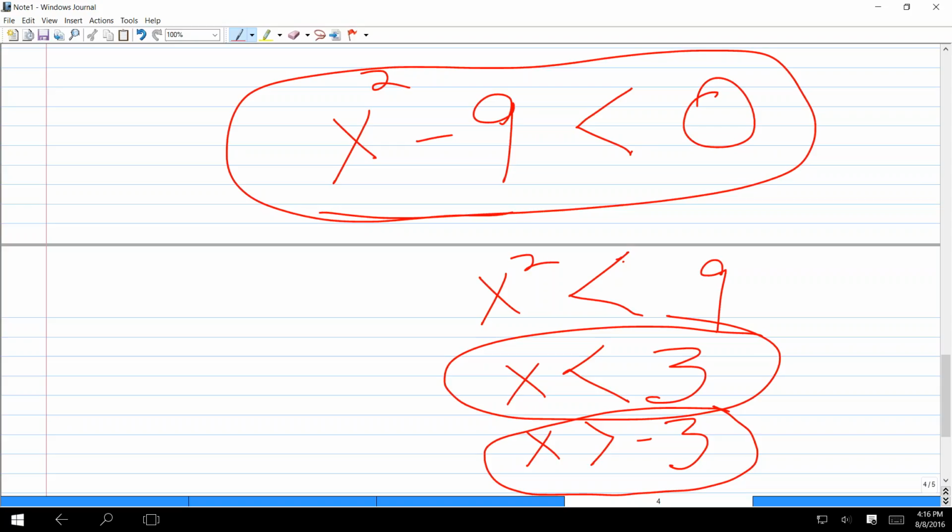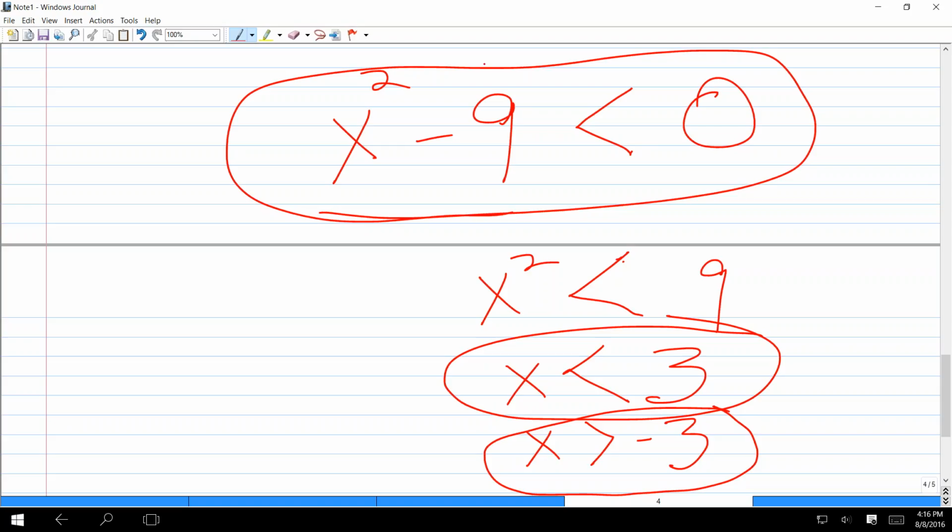One, when you divide by a negative or multiply by a negative number, you have to reverse the sign. And the other is when you take the square root of both sides, one of your solutions has to have the sign in the opposite direction as the other solution. Those are really the two most important things you can remember about inequalities.